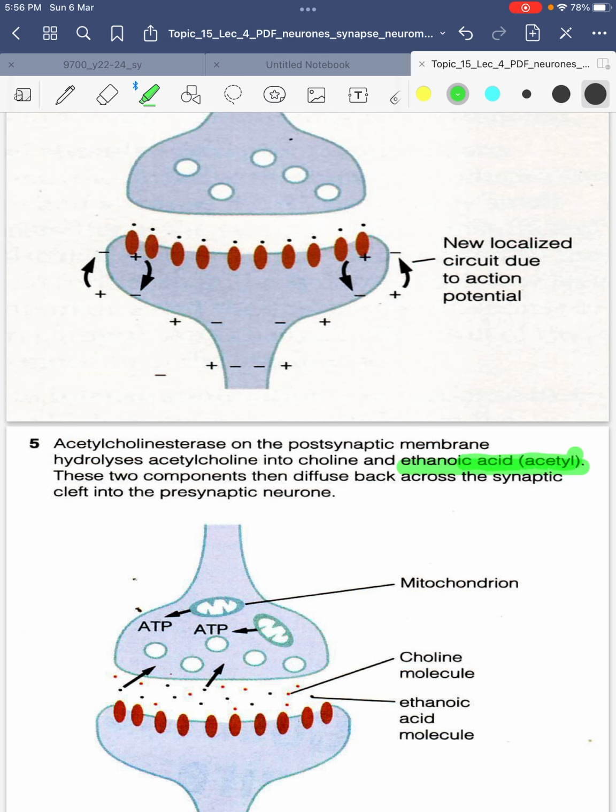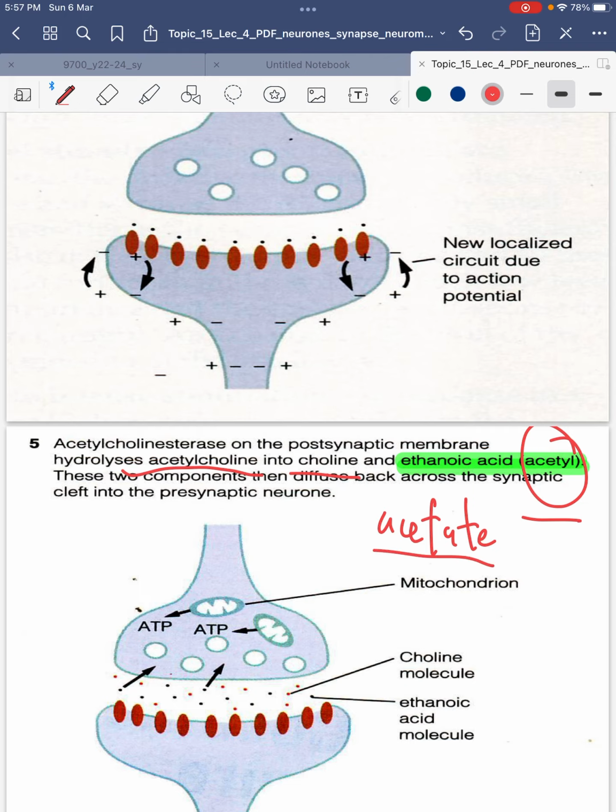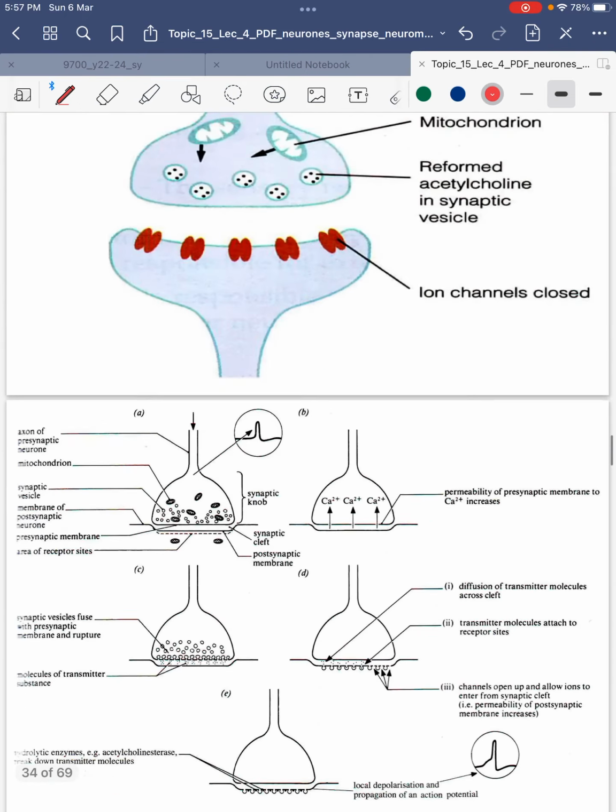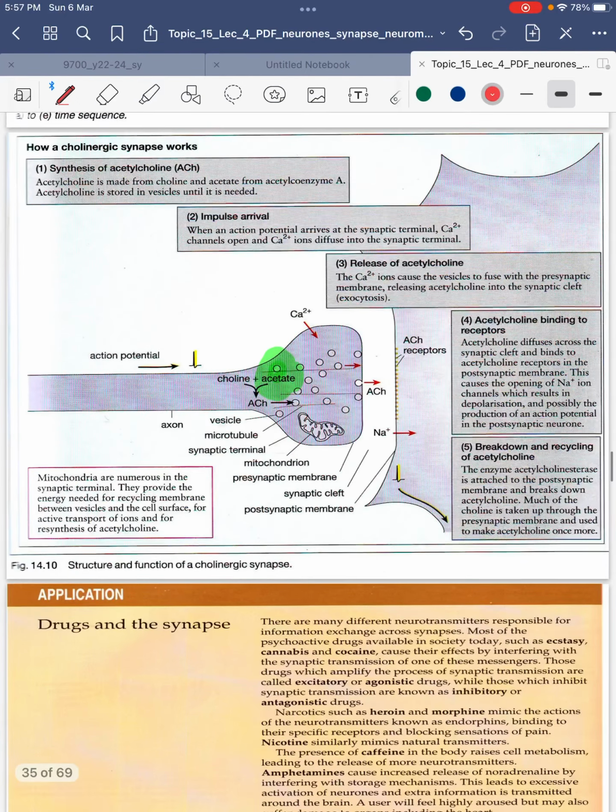So there are many names. The latest one, according to textbooks, they call it acetal. Don't forget, it's also called acetate, or ethanoic acid, when the acetylcholine is broken down to choline and acetal.